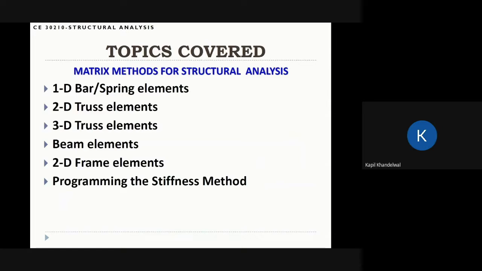And then finally, we tried to put all of these things together into a programming language using MATLAB. And I hope that you were able to see how we can solve even big problems using a stiffness method in a very modular way. And that is the benefit of this method.